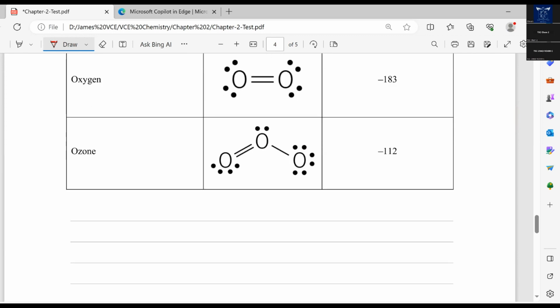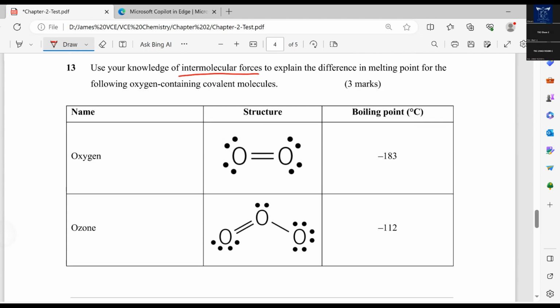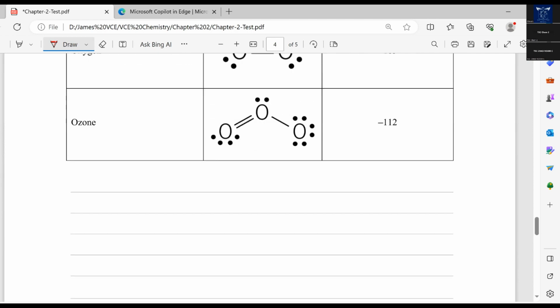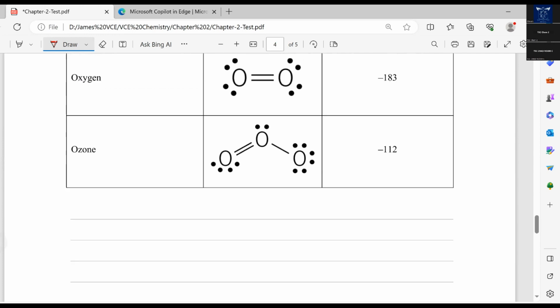Melting point. Is it melting point? They give you a boiling point, yes. So which one has a higher boiling point? Ozone has a higher boiling point, okay? Why do you think ozone has a higher boiling point?